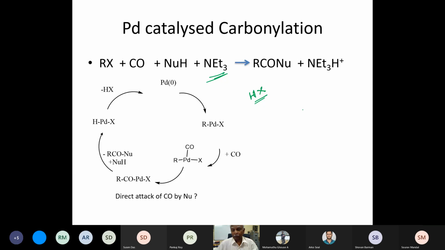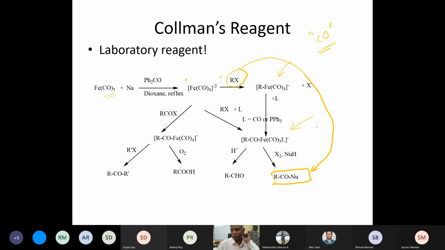Here, for example, we need a base because we want to do a reaction which generates RCONu. Okay, so I have kind of switched to a stoichiometric reagent because I wanted to mention this.